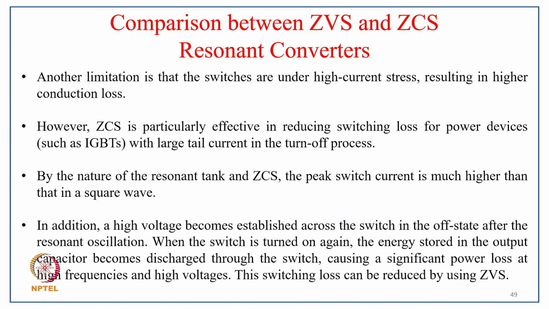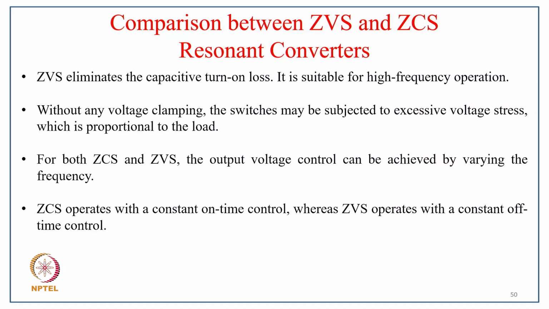This switching loss can be reduced by using ZVS. ZVS eliminates the capacitive turn-on loss. It is suitable for high frequency operation, but without any voltage clamping, the switches may be subjected to excessive voltage stress, which is proportional to load. For both ZCS and ZVS, the output voltage can be regulated by varying the frequency, and ZCS operates with constant on-time control, whereas ZVS operates with constant off-time control.